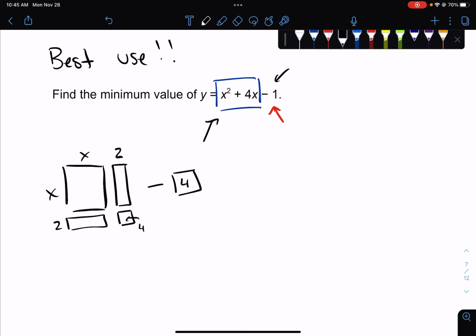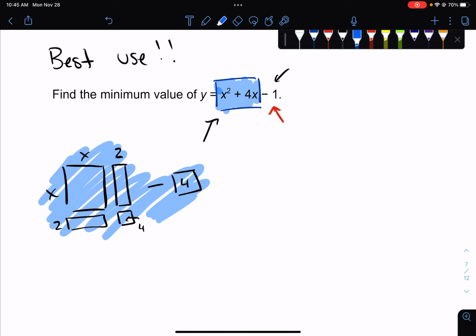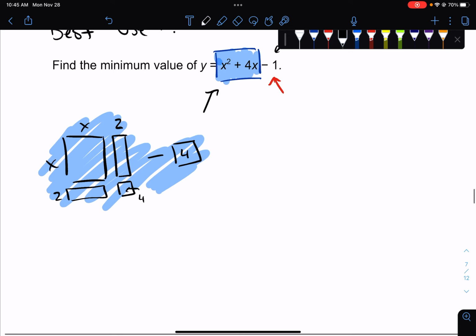So when I rewrite this blue part, now remember, all of this that I'm doing is just that blue part, okay? I've still got that minus 1 floating out there. So I've got x plus 2 times x plus 2. And then I've got my minus 4.